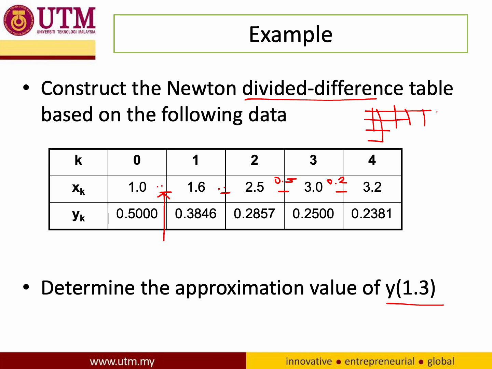So the point 1.3 is suitable for Newton divided difference this time. Later after this, we will see an example where the point is at the back. What can we do if we need to use the Newton divided difference then? For now, it's okay because the value is at the front. 1.3 is over here, so basically we can just do the table.